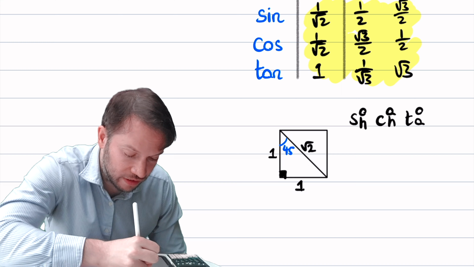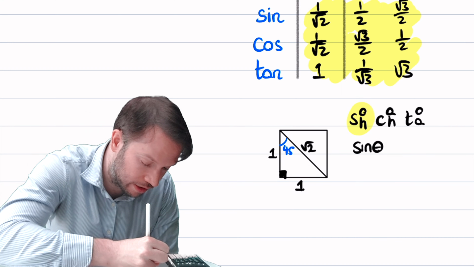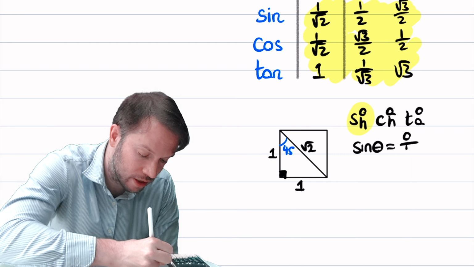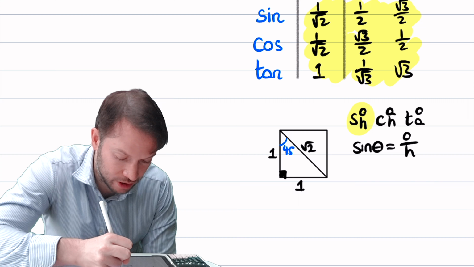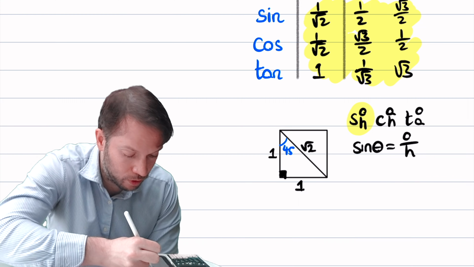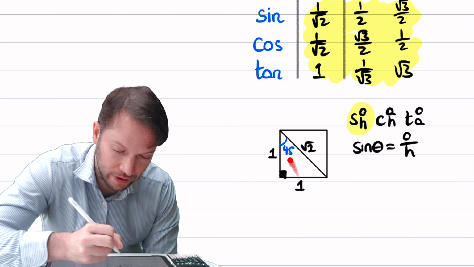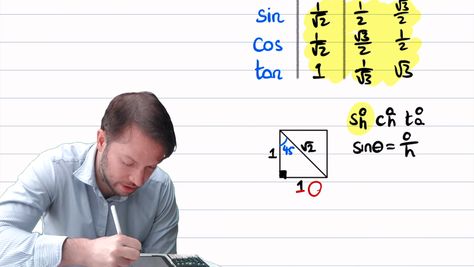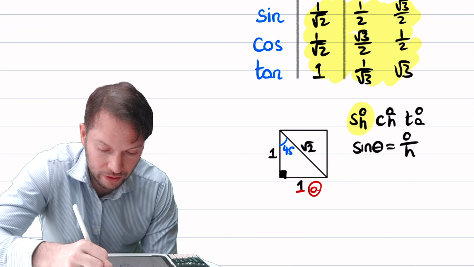Well, this one is sine, and remember that sine of the angle of interest is O over H. So if we label these sides relative to this angle of interest, we want the O and we want the H. Well, this side is opposite the angle of interest, so that's the opposite. And then this side here is the hypotenuse, the longest side of that right angle triangle.